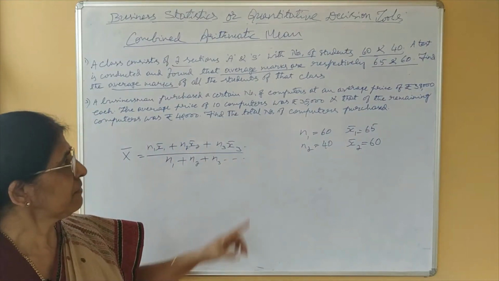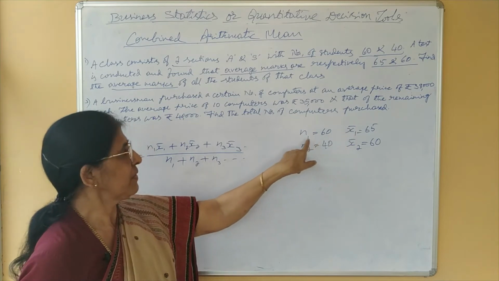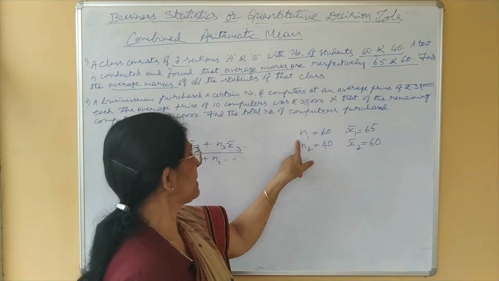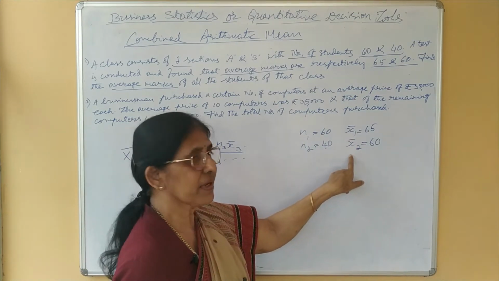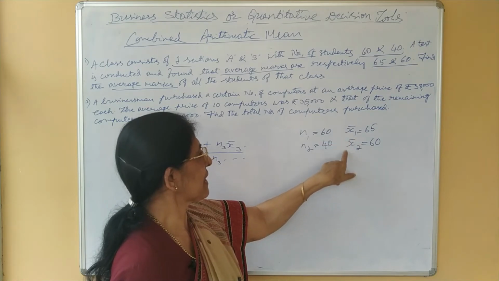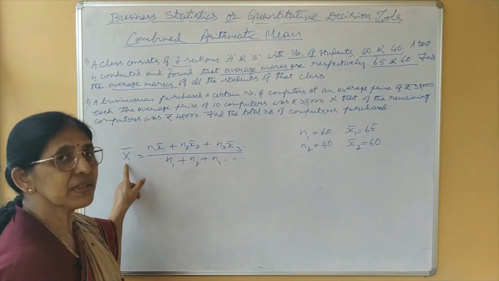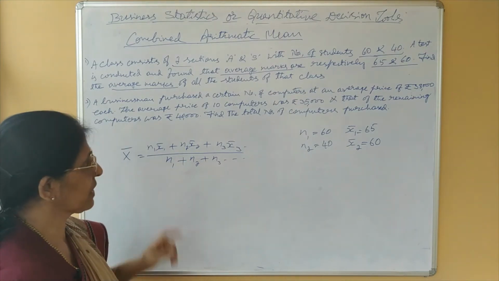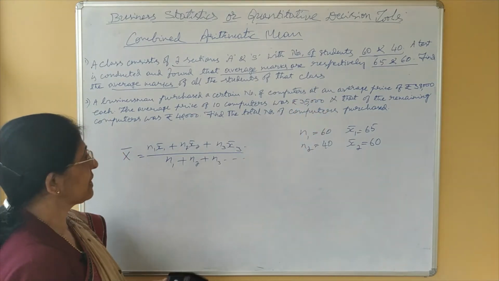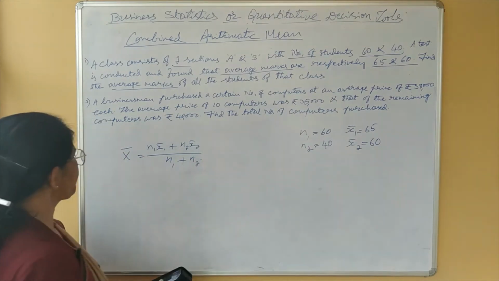Here 1 refers to section A and 2 refers to section B, whether it is the number or the average. The number of students is N, and average marks is nothing but arithmetic mean. An individual series arithmetic mean is denoted by small letter x, and the combined arithmetic mean is denoted by capital letter X. Now only two sections are there, therefore we have to take the formula only up to this much.